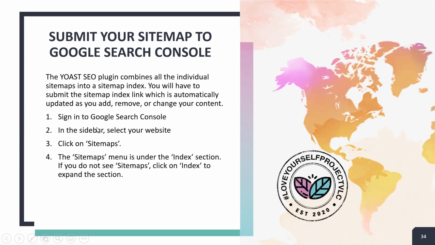So once again, either go back to the tab for Google Search Console or sign back in. And in the sidebar, you're going to be able to select the website that you created earlier. Then click on Sitemaps, and the Sitemaps menu is under the Index section. So it's going to look something like this.